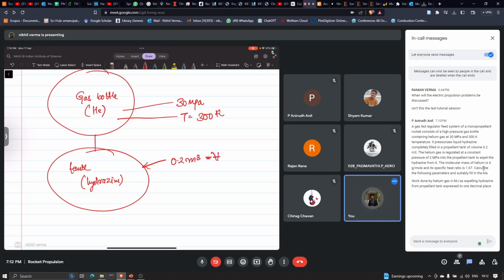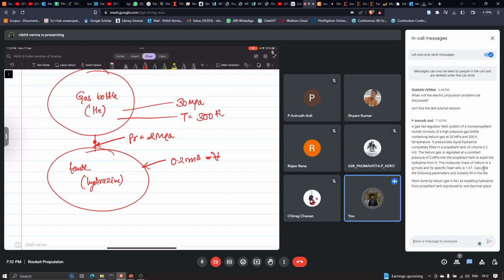The helium is regulated at a constant pressure of 2 megapascals. The molecular weight of helium is 4. Calculate the work done by the helium to expel the hydrogen from the tank.